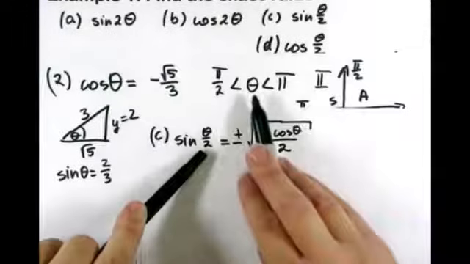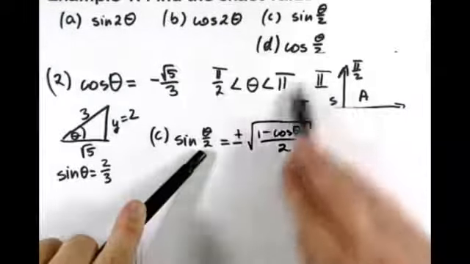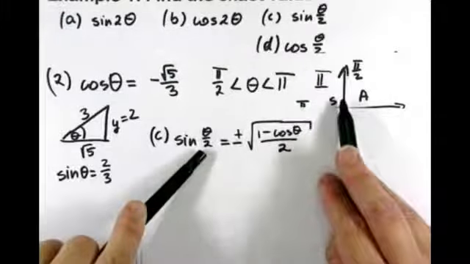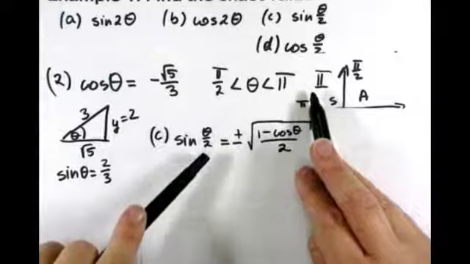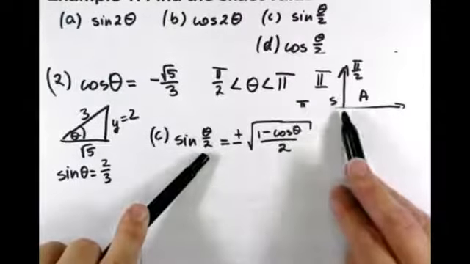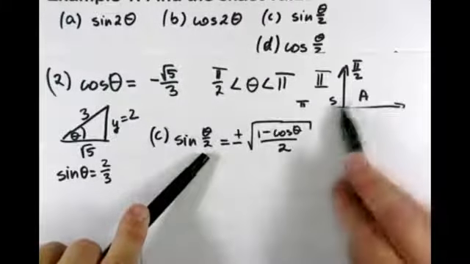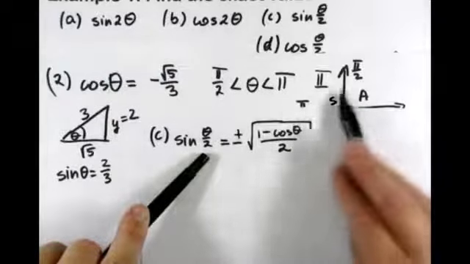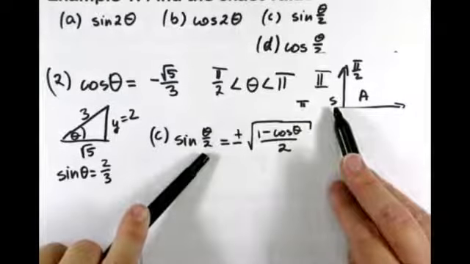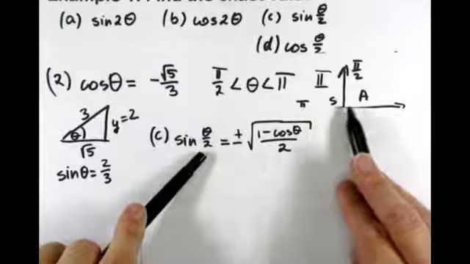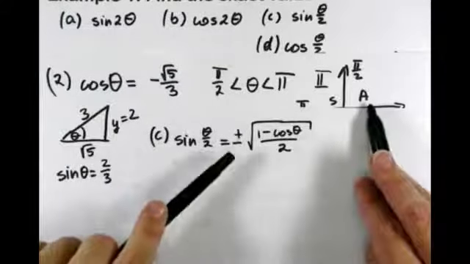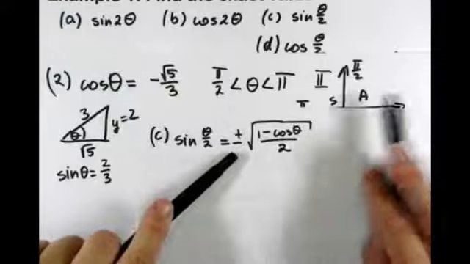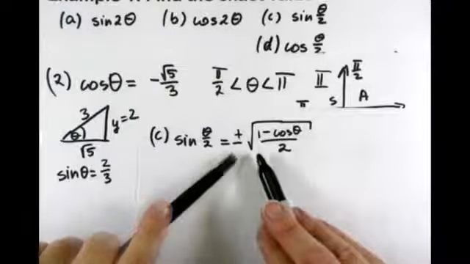So my original theta is in the second quadrant, let's say more than 90 degrees, right? Let's say 100. If you divide by 2, you would have 50. 50 is in the first quadrant. So if you have any angle in the second quadrant and divide by 2, you would be in the first quadrant. In the first quadrant, all functions are positive, so we are choosing plus.